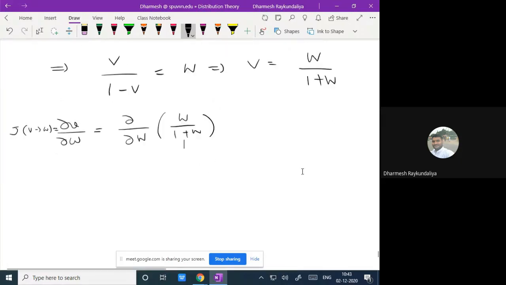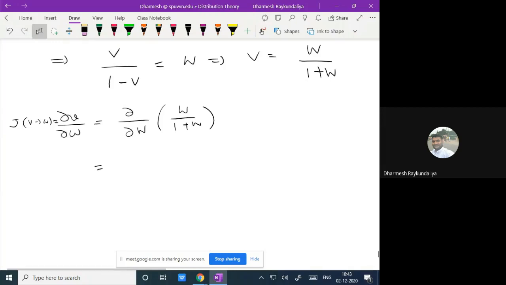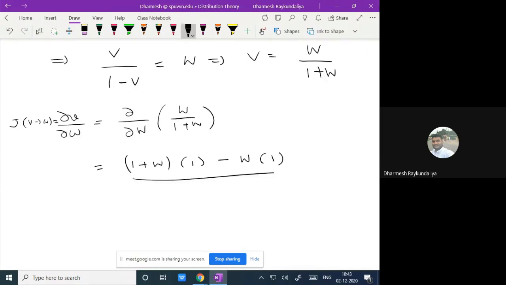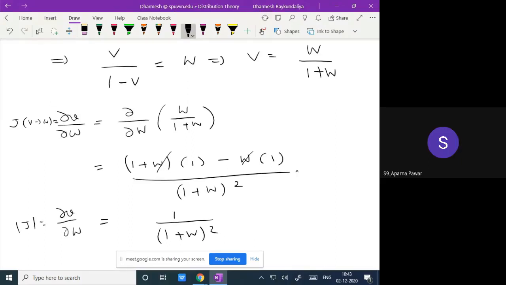By the rules of differentiation of a division, 1 plus w is a constant, the derivative of w is 1, minus w is constant, the derivative of 1 plus w is also 1, divided by 1 plus w whole square. So the w is cancelled out, and it is nothing but 1 upon 1 plus w whole square. This is the derivative of v with respect to w, or you can say it is the Jacobian, and it is positive.